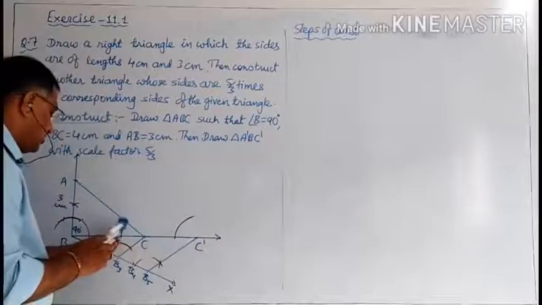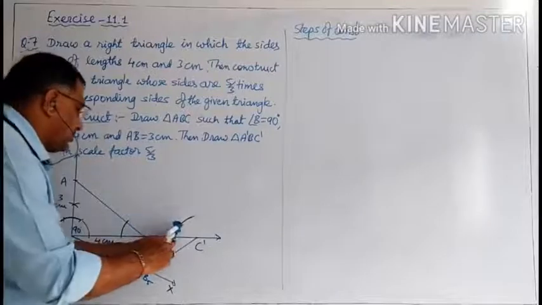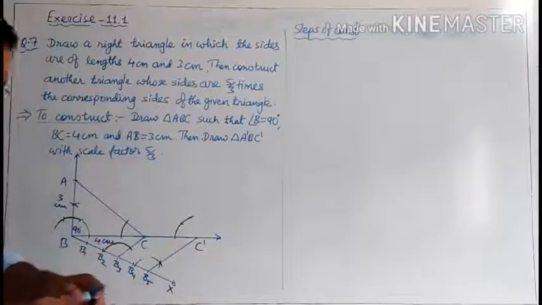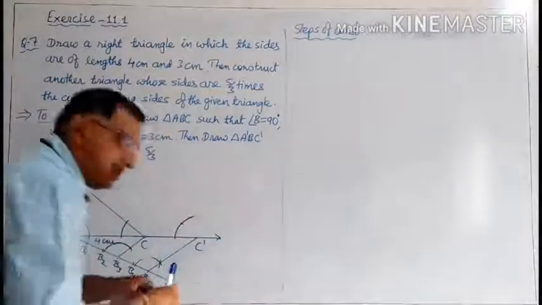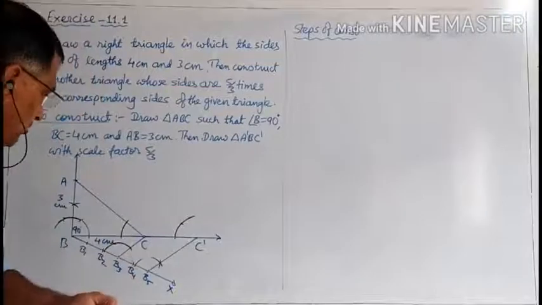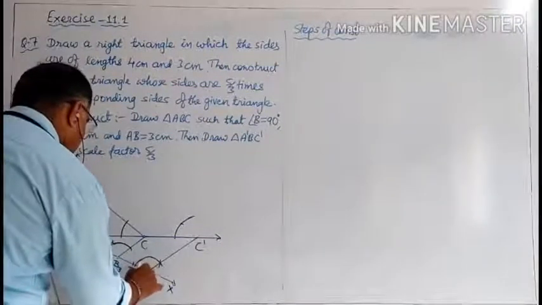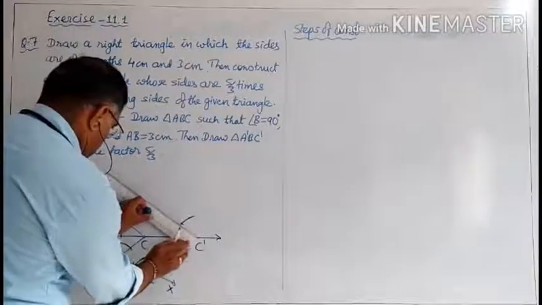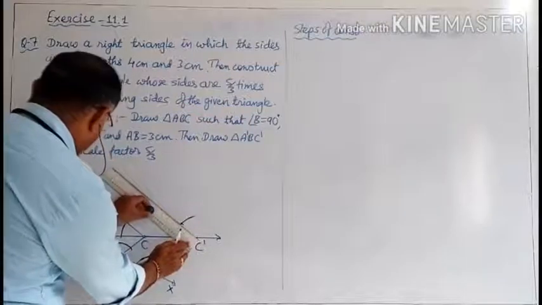Now taking this distance as a radius, and here you will get a point. Then we can join this and you will get a line parallel to AC.